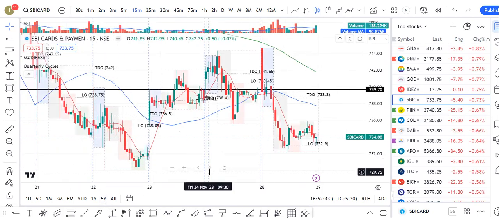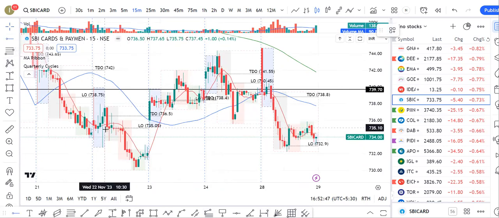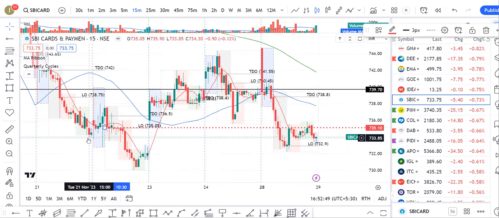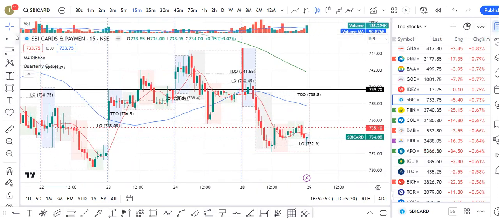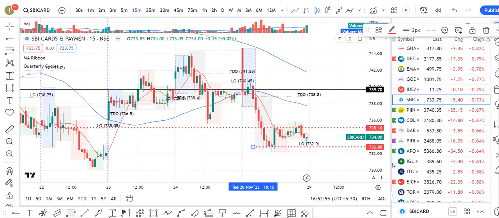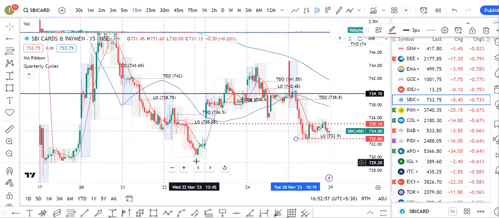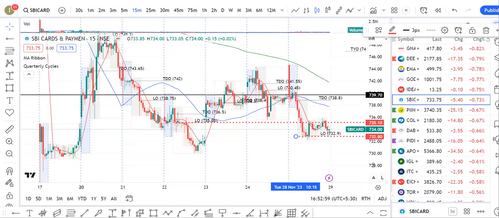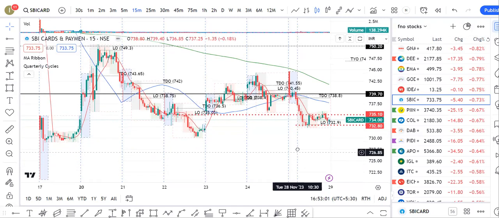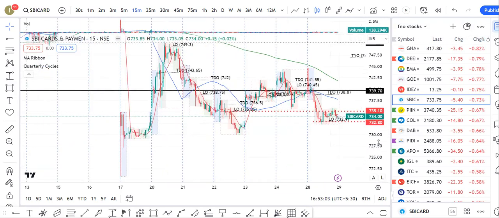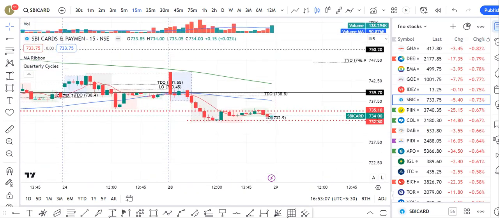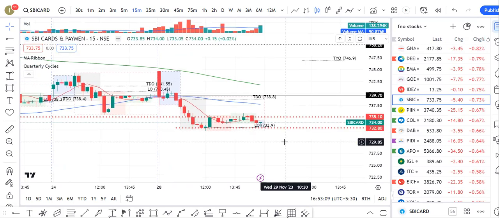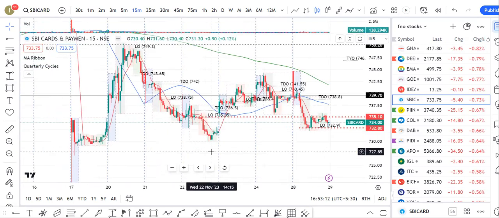Actually, SBI Card, this is the low. The guideline now is the low, 732. It has come to the low. See, these are the levels. It has come down to this level. So it is in a downward trend.